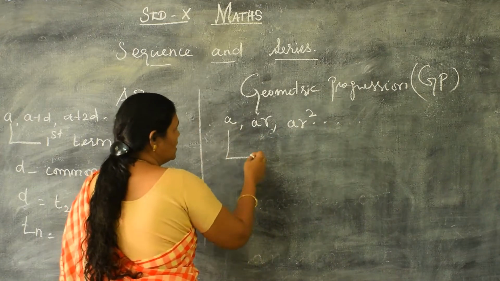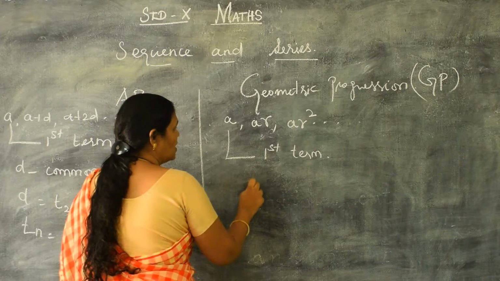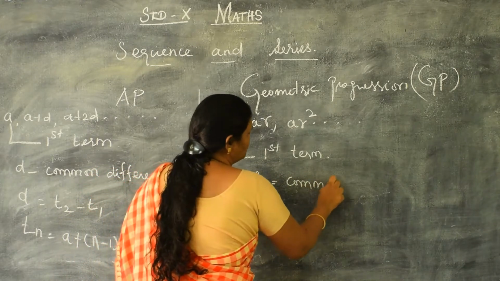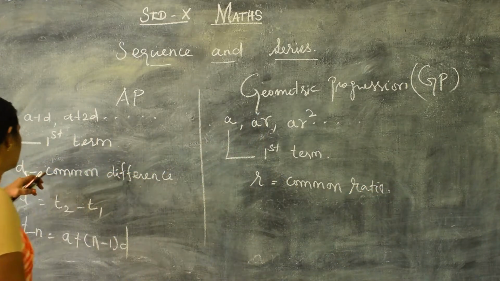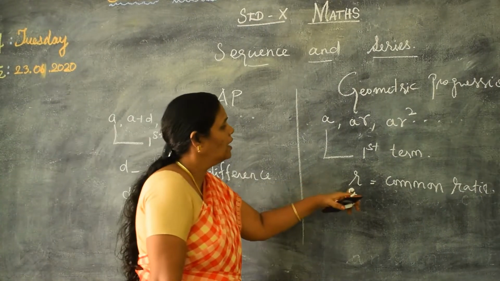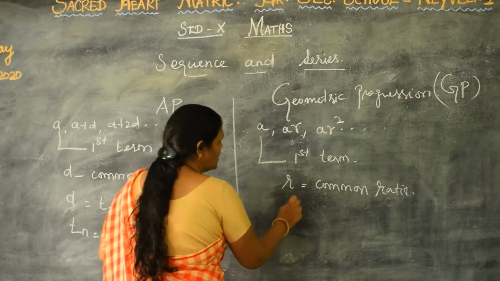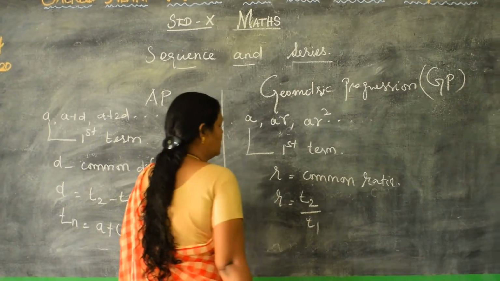What is A? A is the first term. What is R? R is the common ratio. Here we say D is the common difference, and here R is the common ratio. So R is equal to T2 by T1.